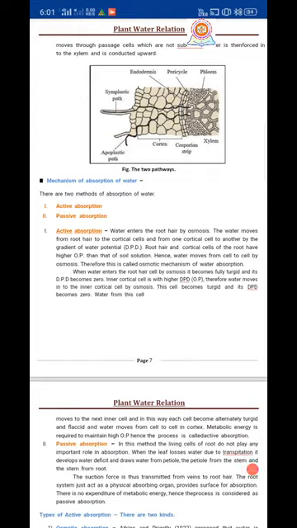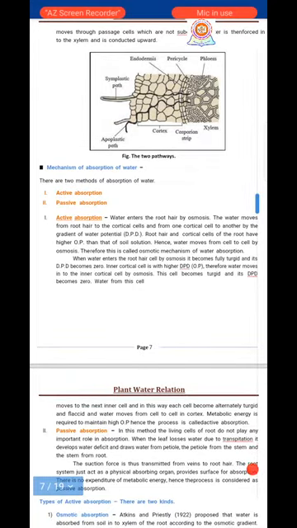When water enters into the root hairs by osmosis, it becomes fully turgid and its diffusion pressure deficit, or water potential, becomes zero. Inner cortical cells have higher DPD, that is osmotic pressure. Therefore, water moves into the inner cortical cell by osmosis.